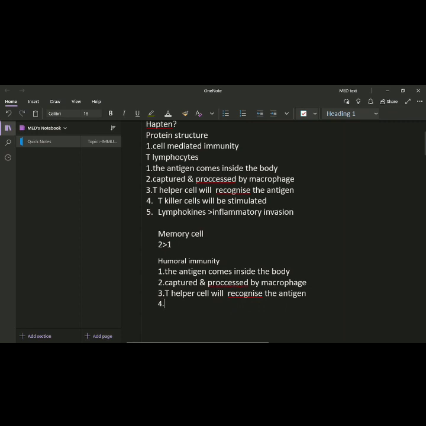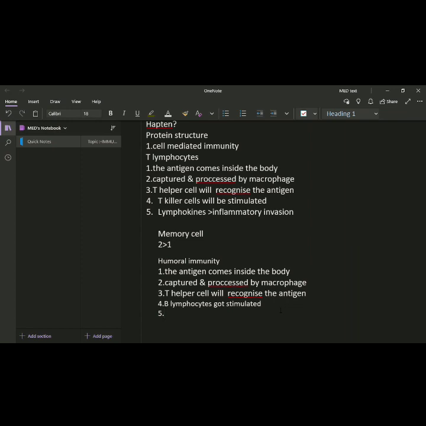What happens next? The T helper cell will stimulate the B lymphocytes. Now the B lymphocytes get stimulated. After its stimulation, the B lymphocytes will produce antibodies. How will it produce antibodies?